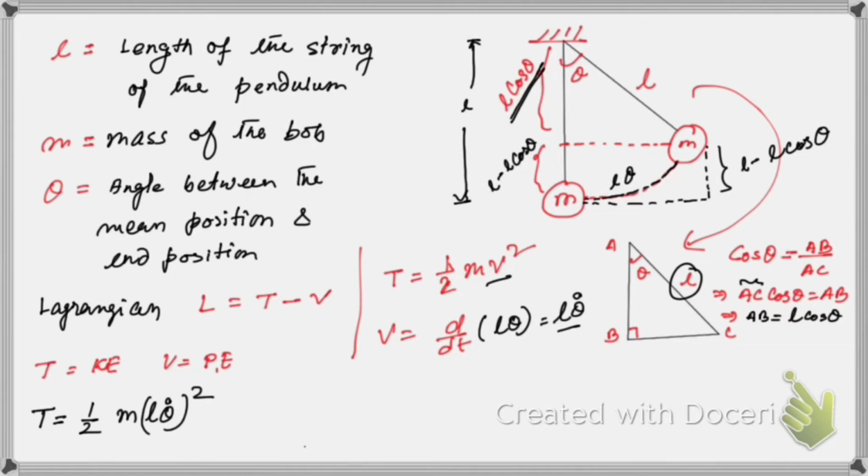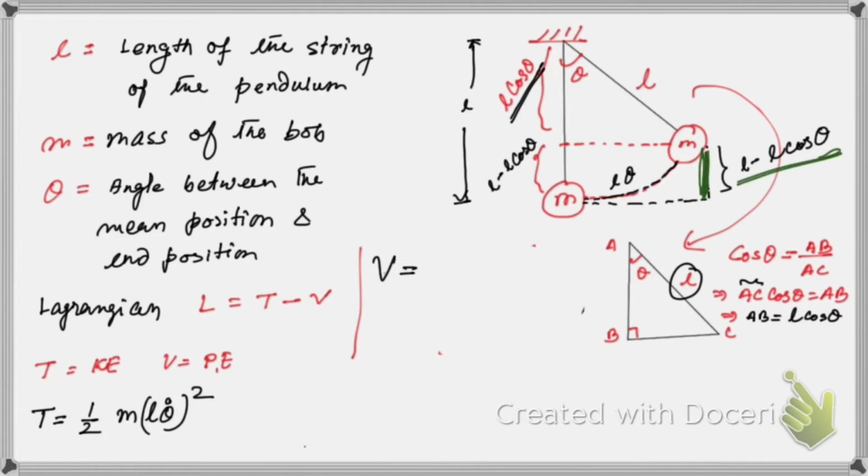Similarly we can find the potential energy V. Here you see this height is L minus L cos theta, so V will be mgh, where g is acceleration due to gravity and h is L minus L cos theta.